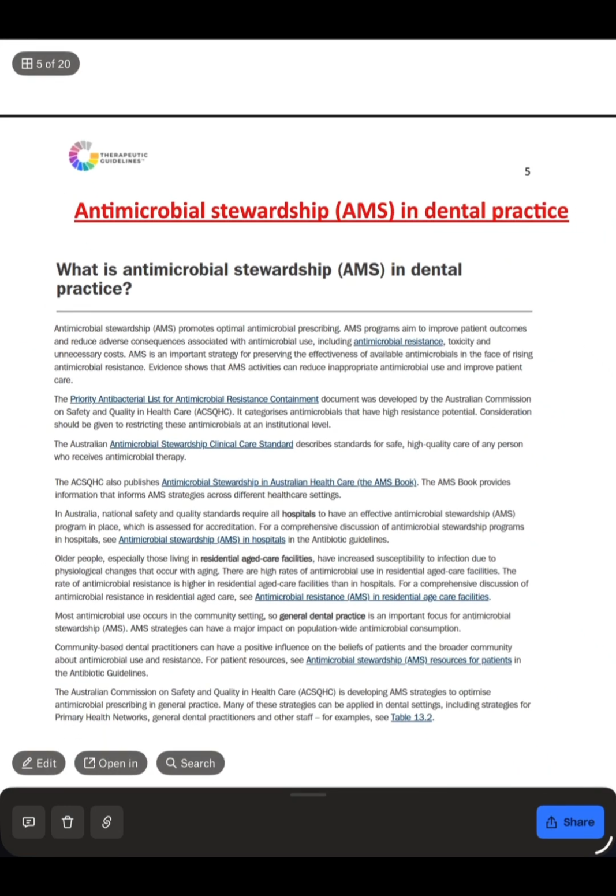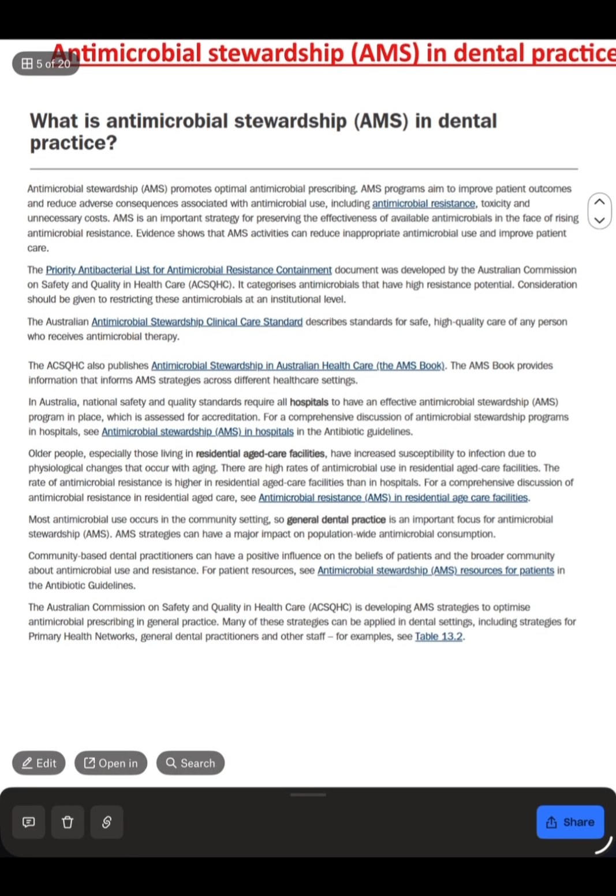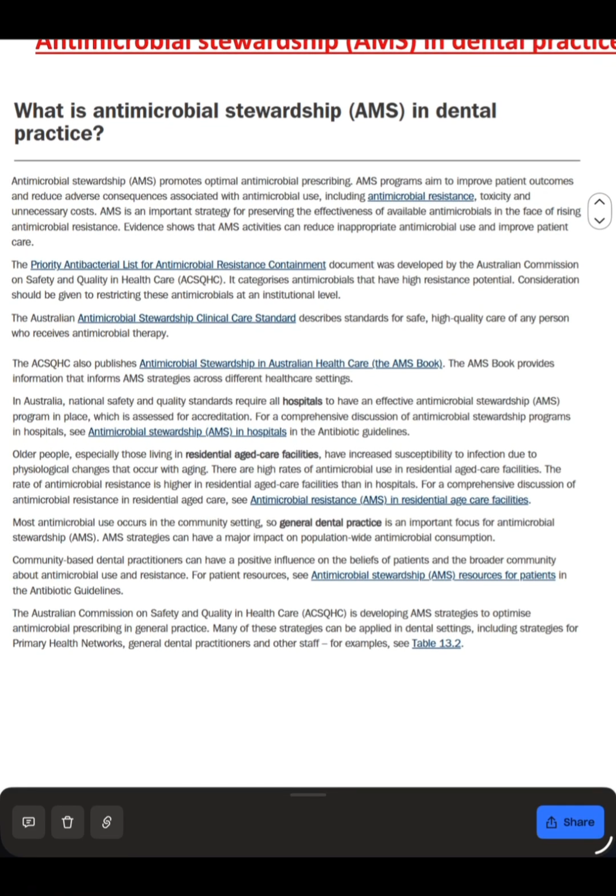Our next topic is antimicrobial stewardship, AMS, in dental practice. What is antimicrobial stewardship in dental practice? Antimicrobial stewardship promotes optimal antimicrobial prescribing. AMS programs aim to improve patient outcomes and reduce adverse consequences associated with antimicrobial use, including antimicrobial resistance, toxicity, and unnecessary cost.